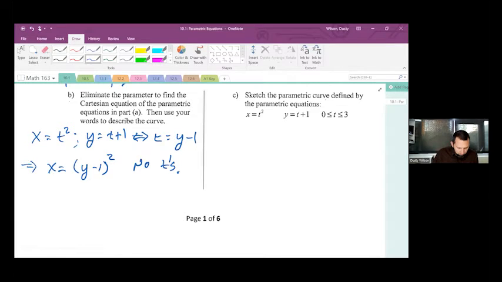Then the question asks us to use our words to describe the curve. Here we should be able to see that, yes, indeed, this is a sideways parabola opening to the right.